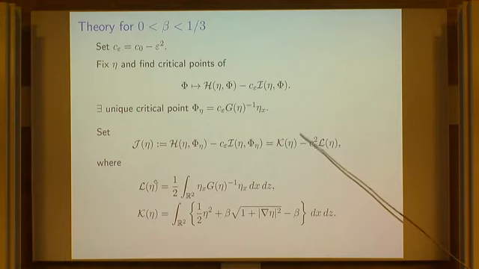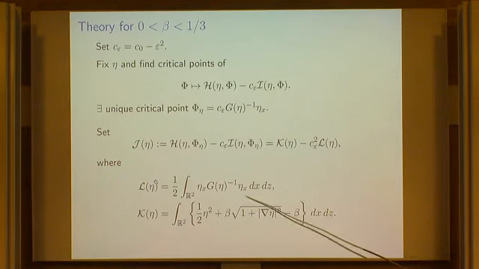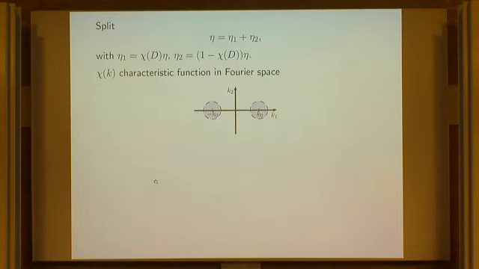Here k and l are these two operators. You recognize this from before, and this has now been changed. So this is now the functional that we want to look at. And we somehow want to reduce this functional to a perturbation of the Davey-Stewartson functional, which we are allowed to work with.